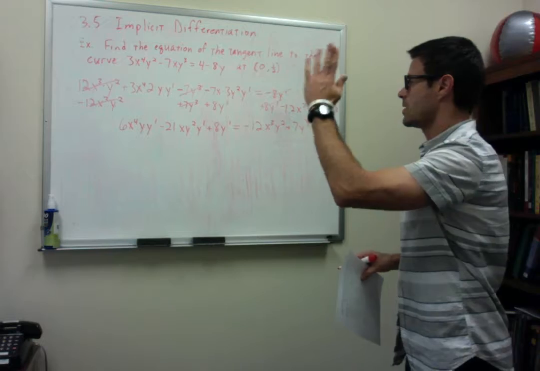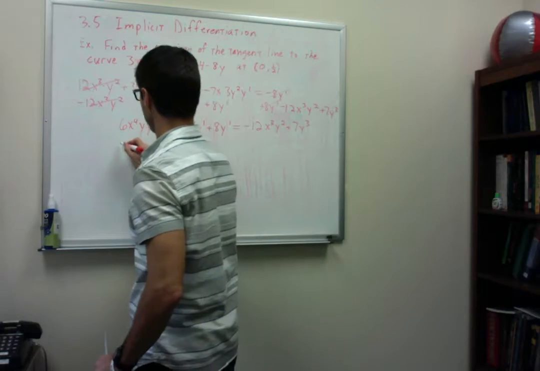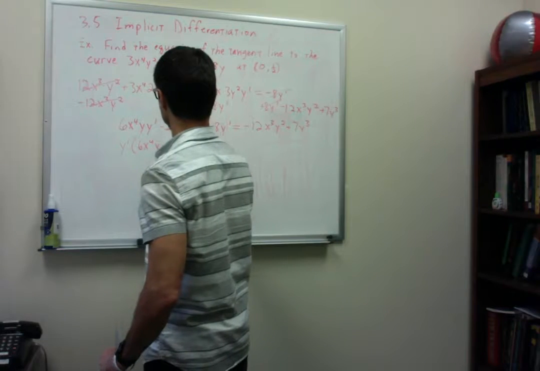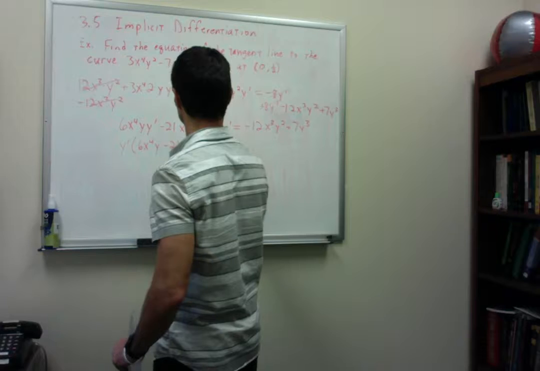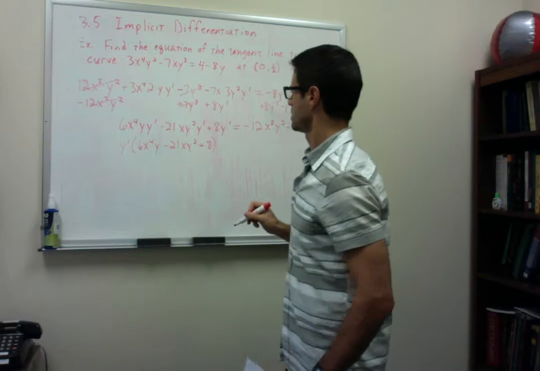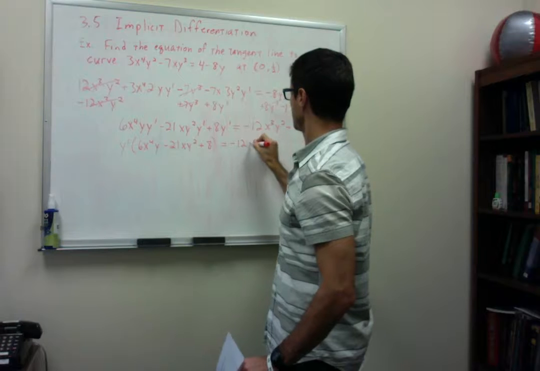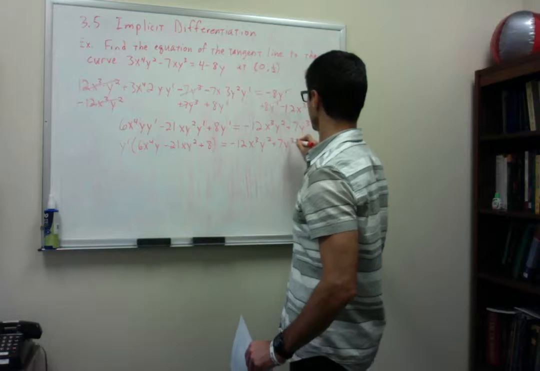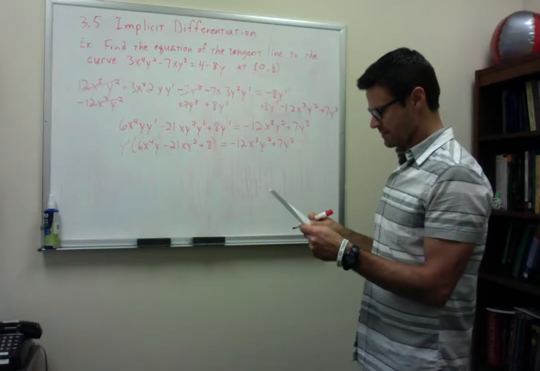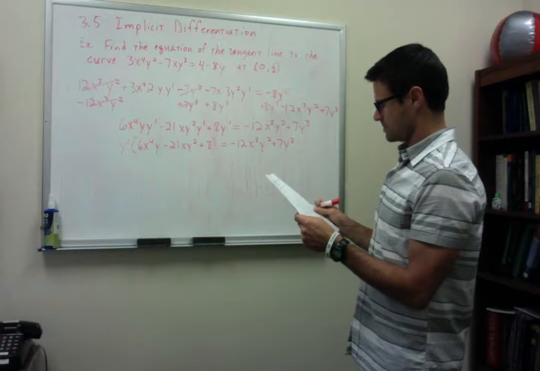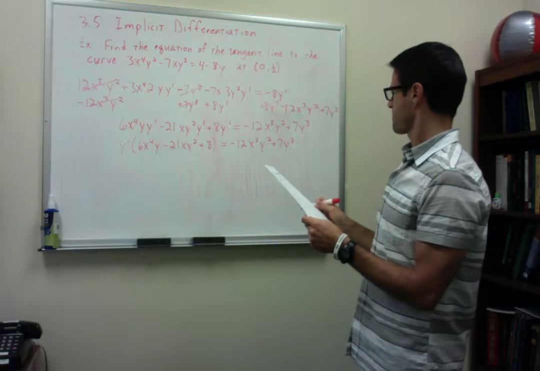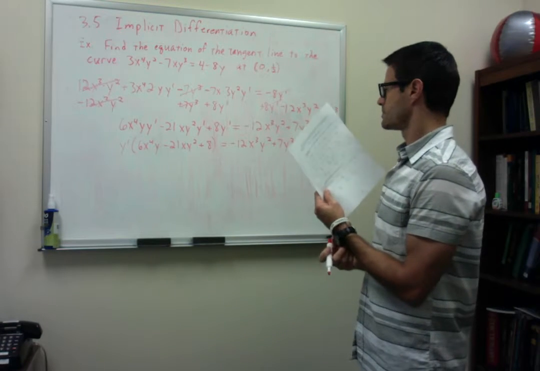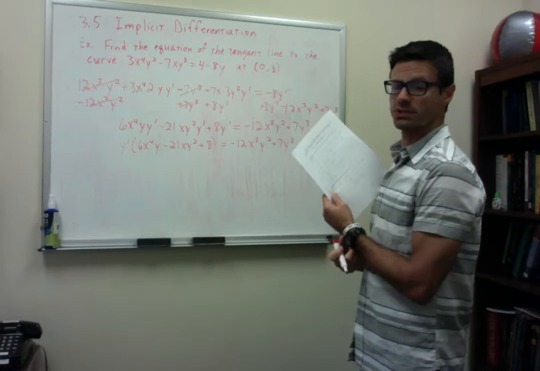Now we factor out y prime on the left. So y prime times 6x to the fourth y minus 21xy squared plus 8 equals minus 12x cubed y squared plus 7y cubed. I just want to check my notes and make sure this is correct. The last thing to do, at least for solving for y prime, is to divide by what's in parentheses.